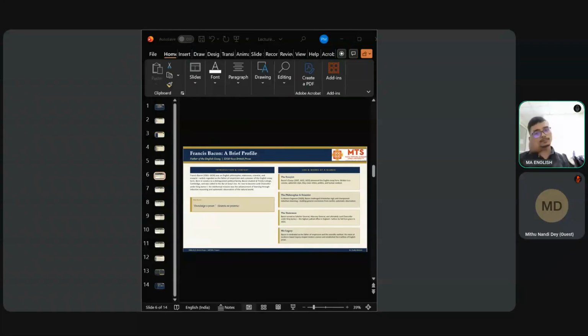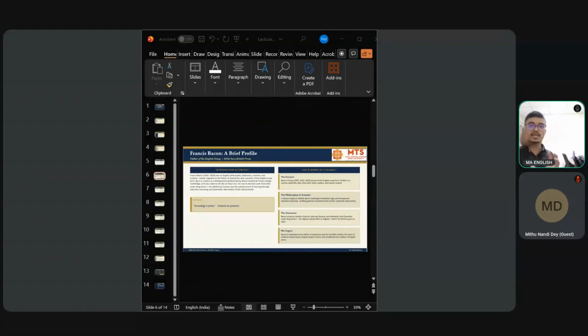Francis Bacon was born in 1561 in London, England, in the 16th century, and he died in the year 1626. So he lived during a remarkable period in English history, during the reigns of Queen Elizabeth I and King James I. This period is also known as the Elizabethan age and the Jacobean era.